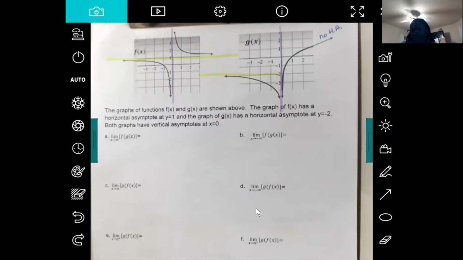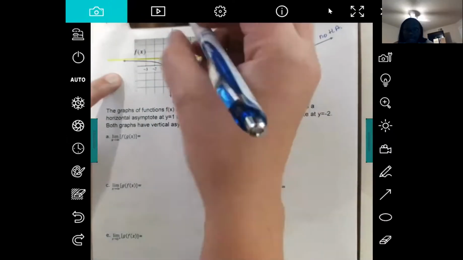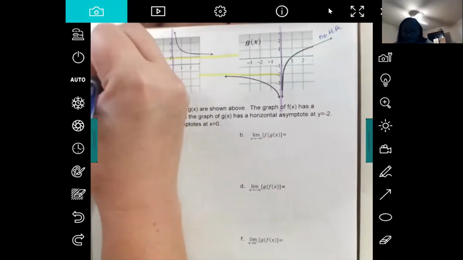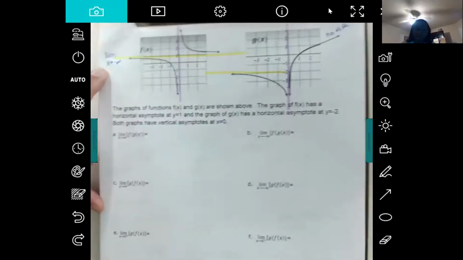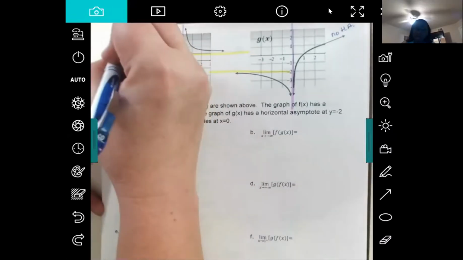Okay, so Kayla, how can I help you, ma'am? So first you would start with the limit as x goes to negative infinity. Yeah, let's do that one first. As x goes to negative infinity, what is f of x approaching?